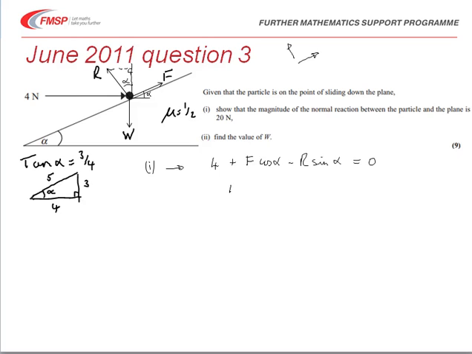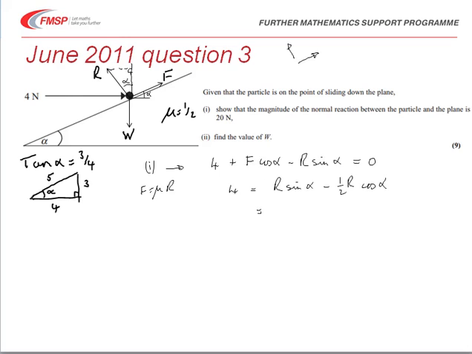Writing the 4 on the left hand side and taking the others over to the other side, we also need to use the fact that F is mu R and mu is a half, so F is equal to 1/2 of R. So on the right hand side of the equation now we have R sine alpha minus 1/2 R cosine alpha.